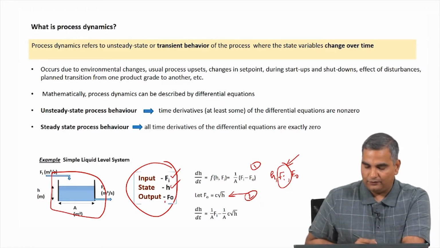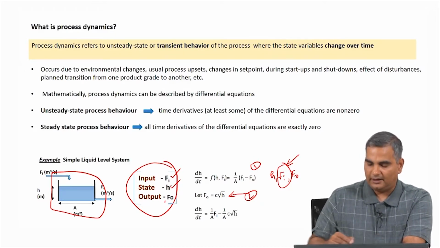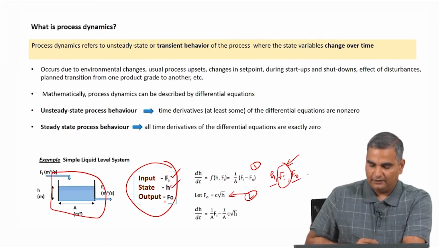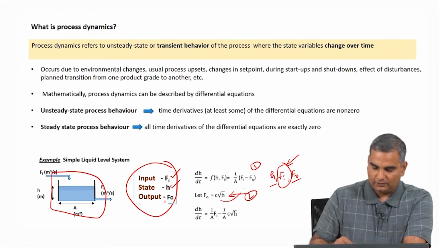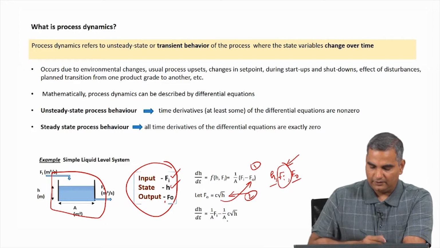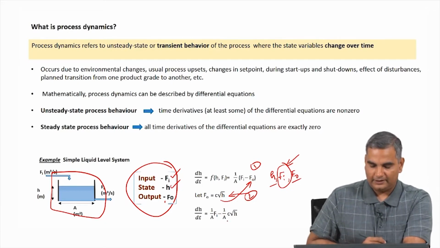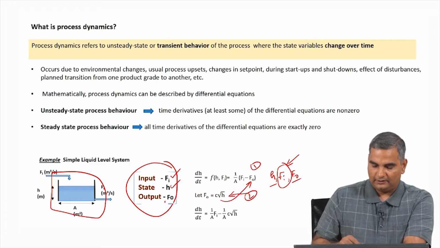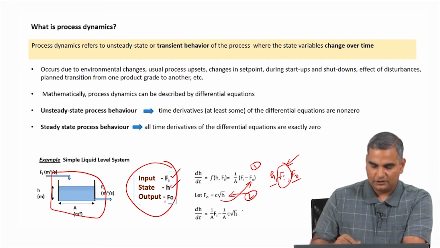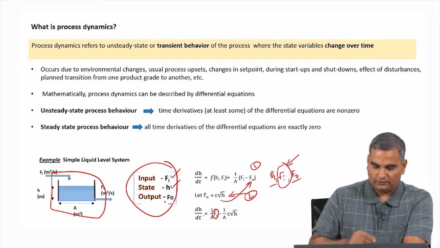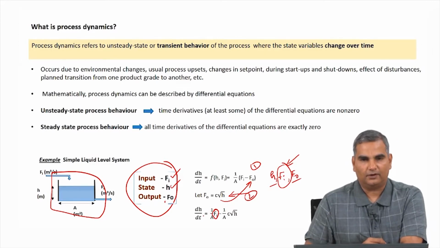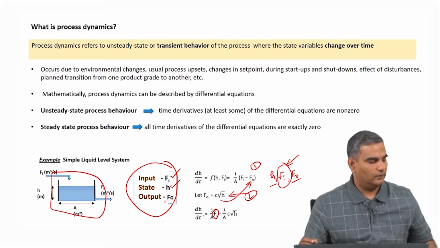Once I have a value for Fi, since I have 2 equations, I can solve for H and F naught. In fact, you can substitute this F naught here, and then you will have an equation of the following form: dH by dt is 1 over A Fi minus 1 over A C root H. You notice that this equation is a differential equation in H, and Fi is what is called the input variable or a forcing function for this equation.